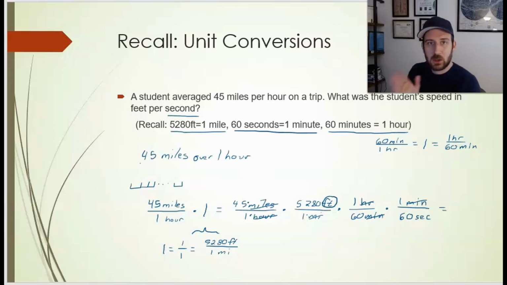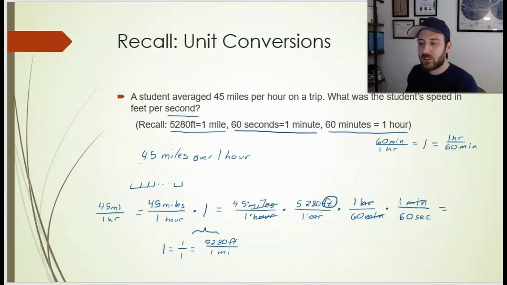So I get to put equal signs that say that the thing at the very beginning, the 45 miles per hour, is just the exact same thing as the units of feet per second that I'm going to be able to get.